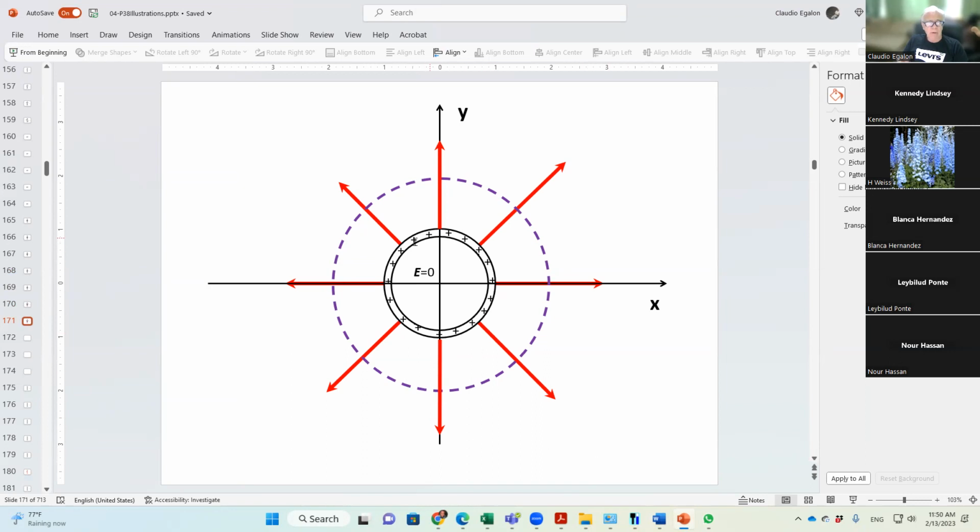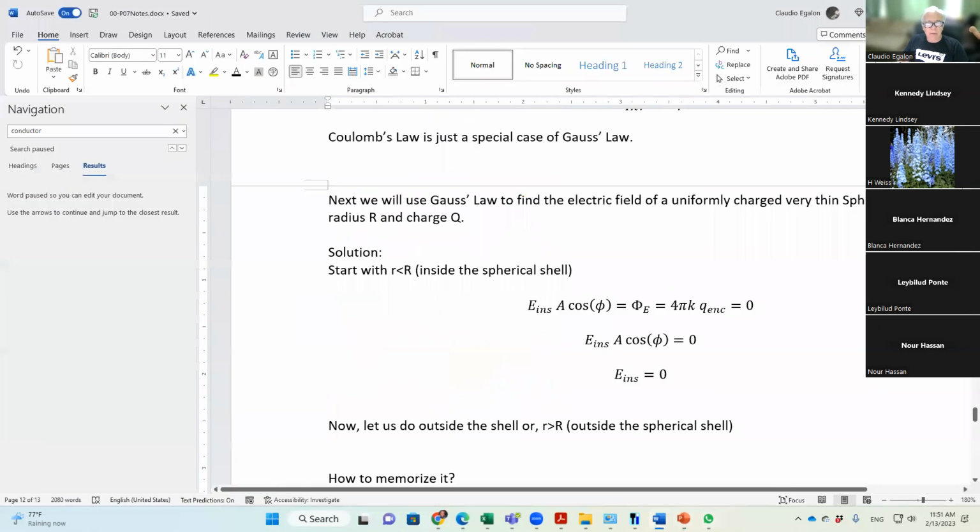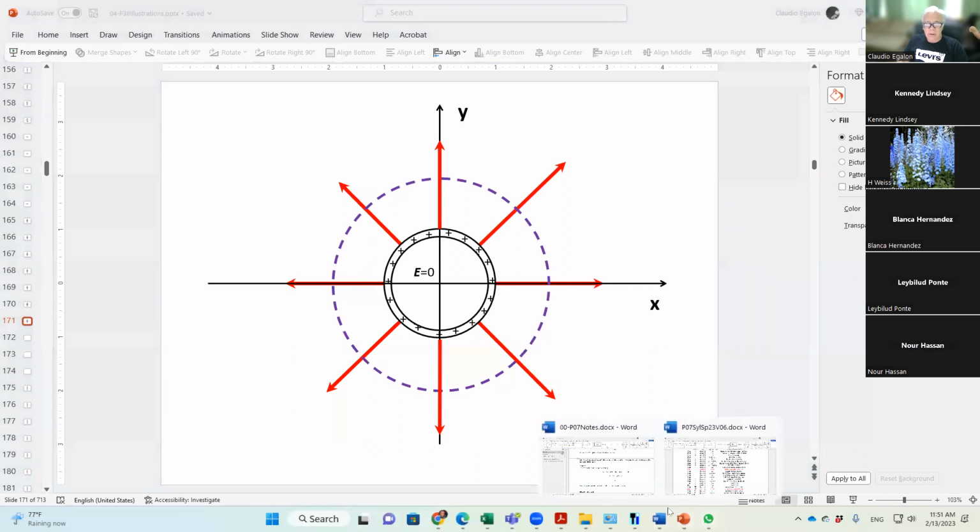Because we have a uniform charge distribution, those electric fields are going to be perpendicular, normal to the surface, just like the case for the point charge. Because our Gaussian surface is also spherical, we are going to have an area vector that's going to be parallel to those electric fields. And we have a situation similar to that of a point charge.